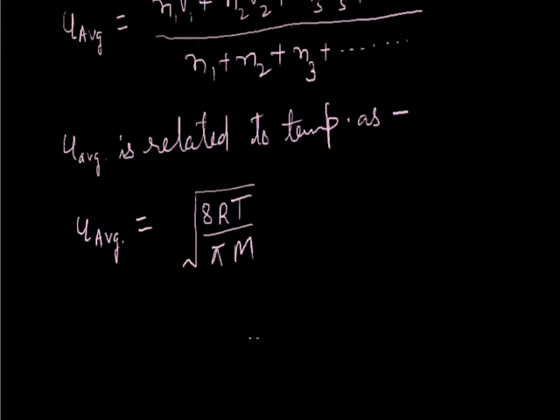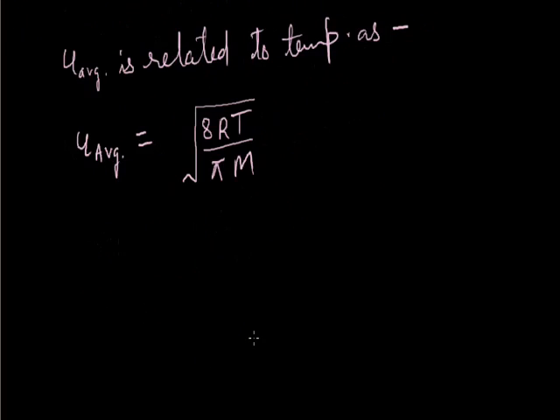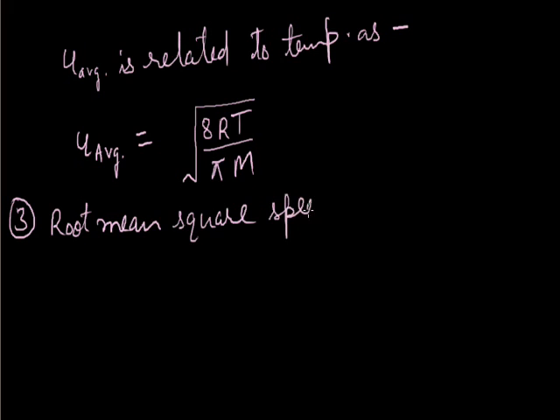Then the third speed is root mean square speed. It is defined as the square root of the mean of the squares of the different speeds.